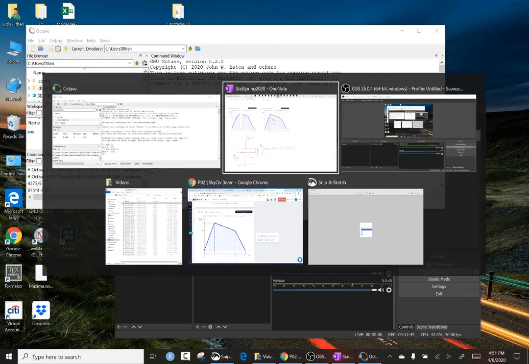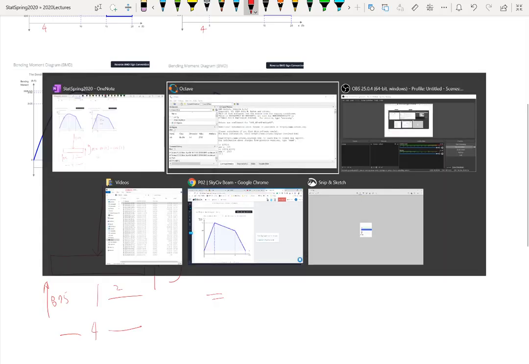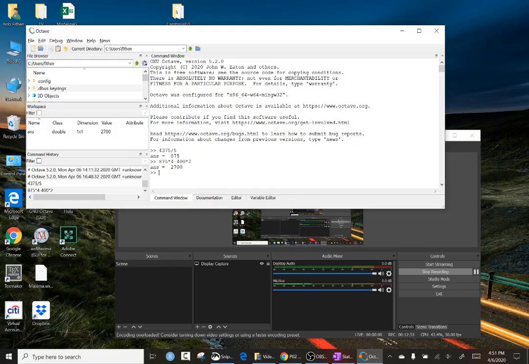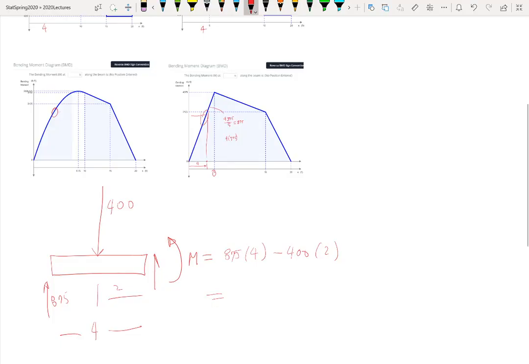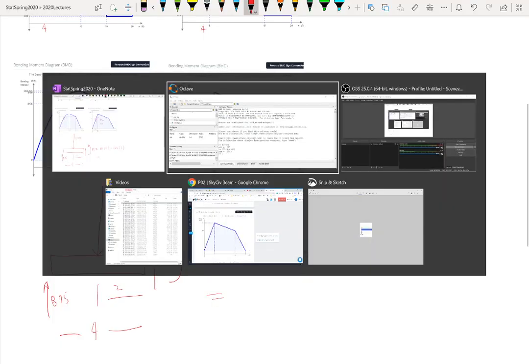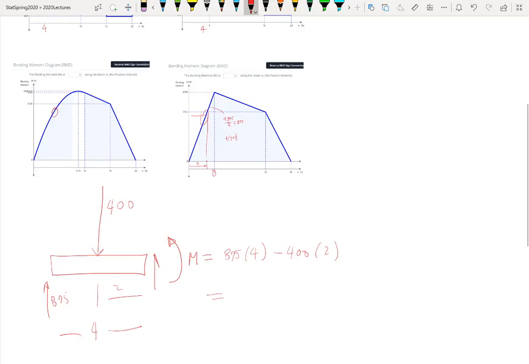Did I just type in the right equation? Yeah, 2700.